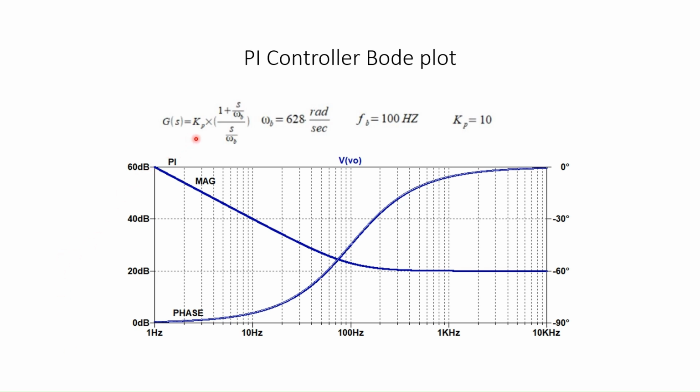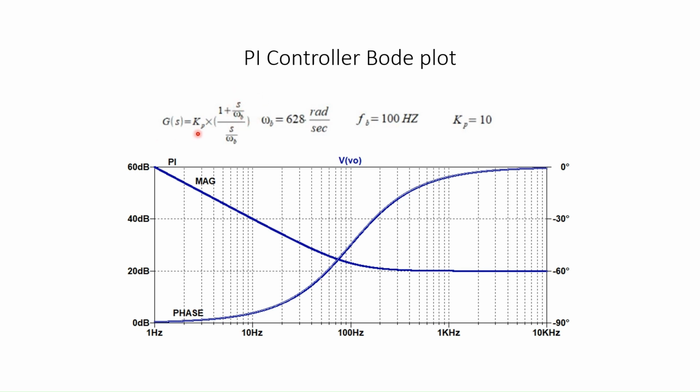So the transfer function is repeated here. Kp multiplied by 1 plus S by omega b divided by S by omega b. So when S is equal to omega b, there is a 0 and there is a pole at the origin. When the frequency is much less than omega b, this term is negligible.